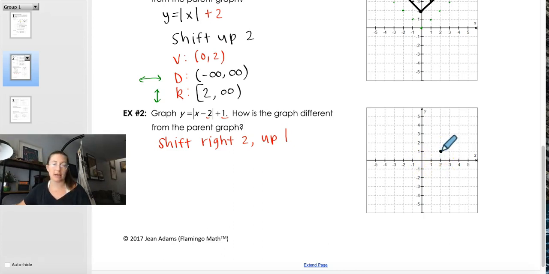This is my new vertex, and you should know the points, you should know the pattern, because it's going to be a V, and it goes up. Each side is going up by a slope of 1, up 1 over 1, up 1 over 1, up 1 over 1. All right, let's go ahead and connect this.